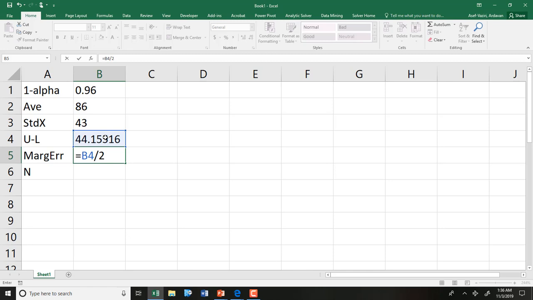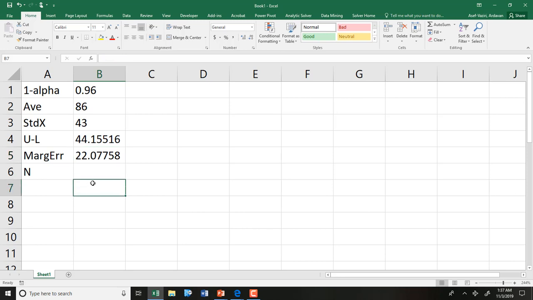So if I divide it by 2, that is my margin of error. And n, we don't know. We want to find an n such that the margin of error of the variability in the average of the sample does not exceed 22.07. Now let me show you what trick I'm going to use.